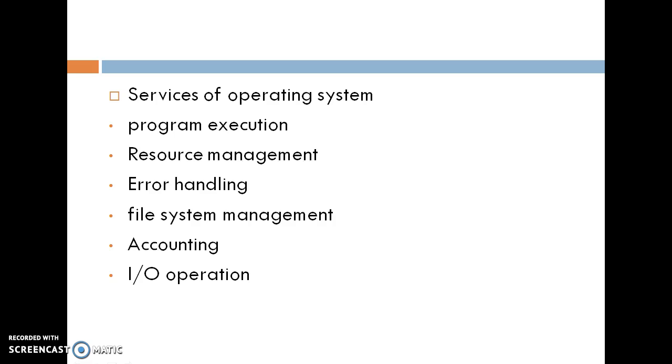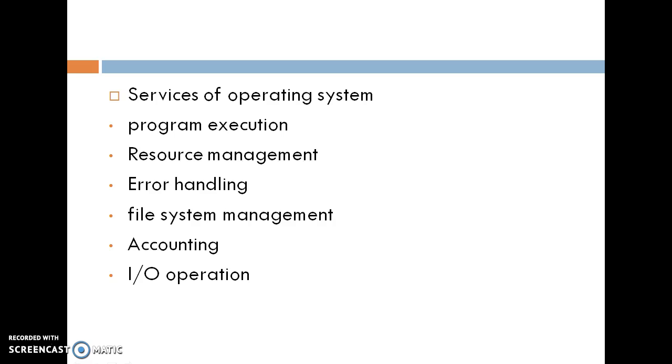Program execution. The operating system must be able to load the program and must be able to execute the program. Also, the operating system must be able to terminate the program either normally or abnormally. Basically, to execute the program, we need different resources such as processor, memory, input-output devices, and so on.